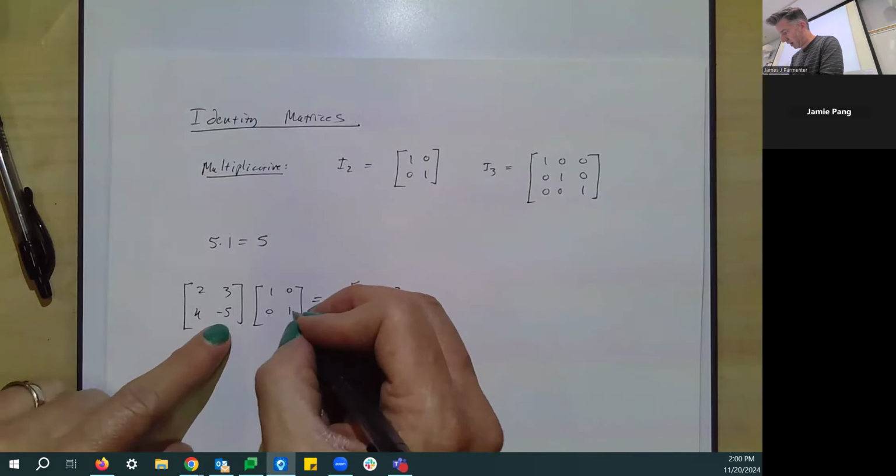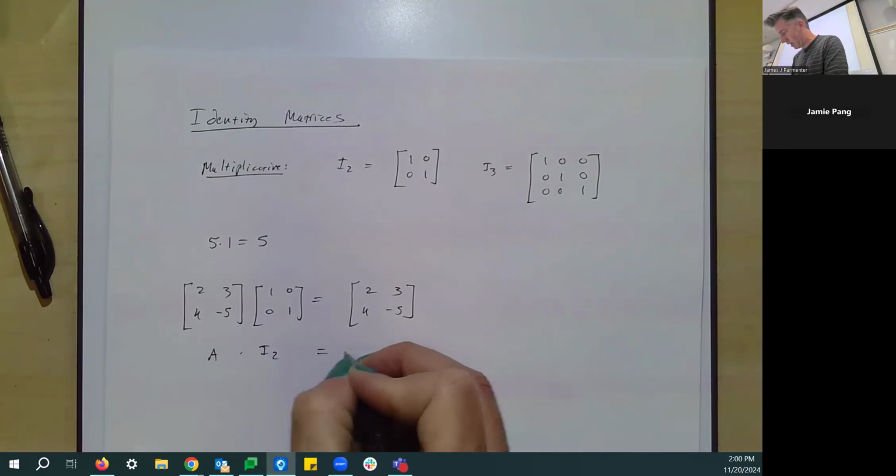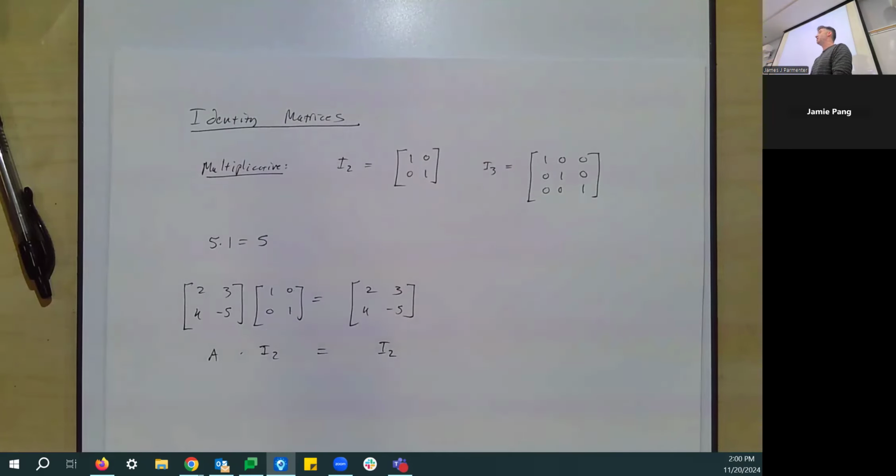And 0 plus -5 is -5. Hey, look, our A times the identity matrix exactly gave us A back. So this is the multiplicative identity. Whenever you multiply a matrix by the identity of the right size, you always get back the matrix you started with. All right, I'll stop talking there.